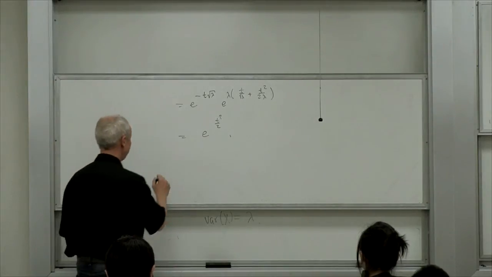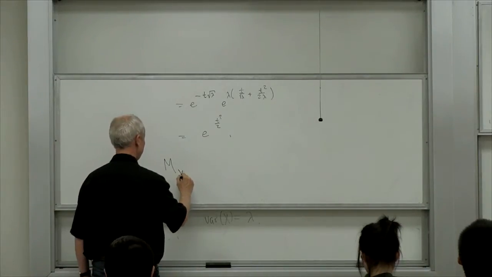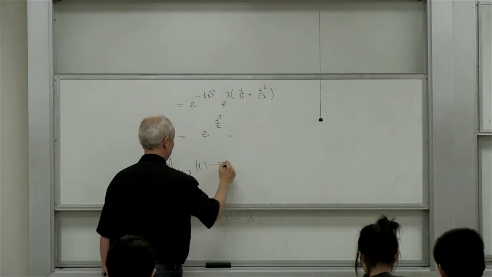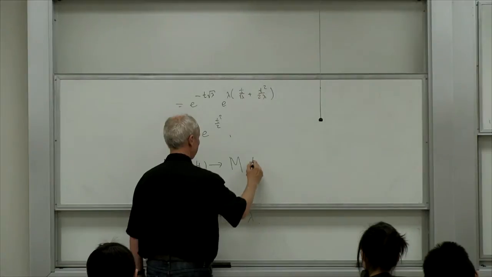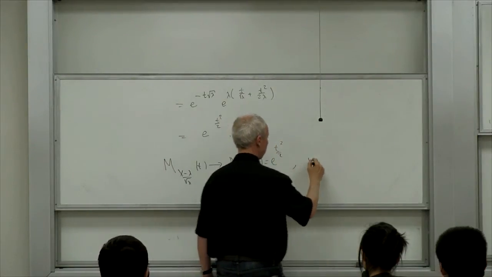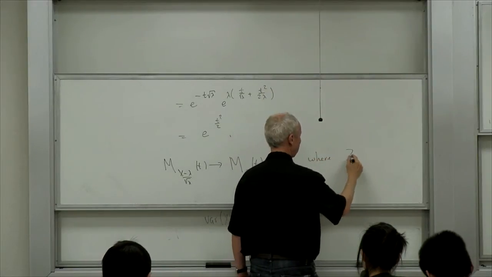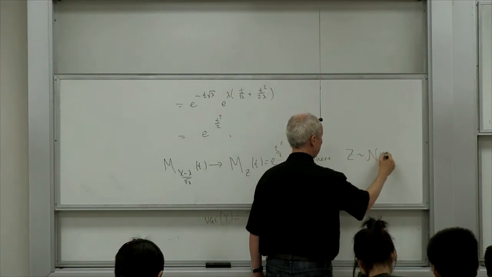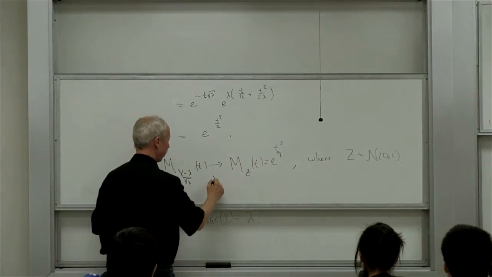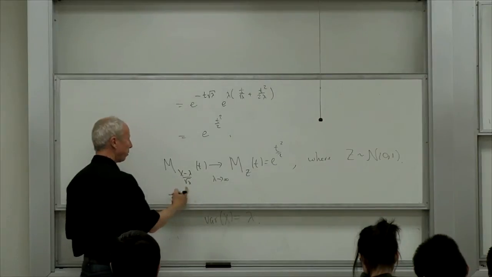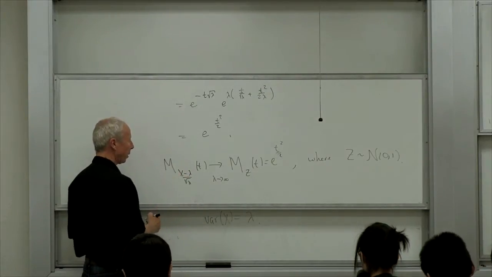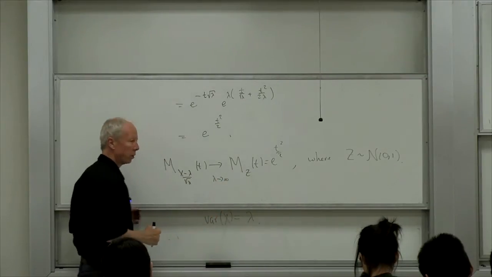So what does this say? That as lambda goes to infinity, the moment generating function for Poisson with parameter lambda minus lambda over root lambda converges to the moment generating function for a normal.